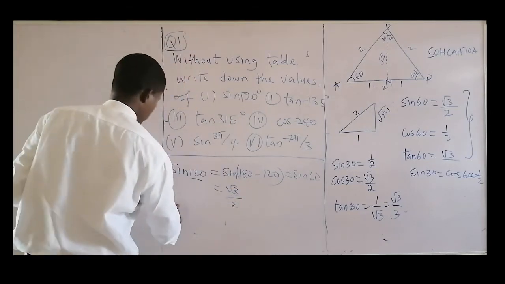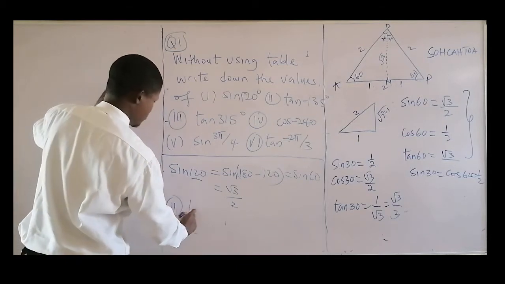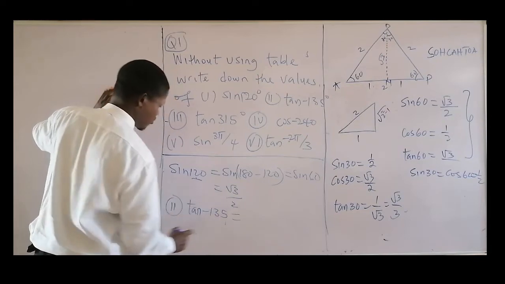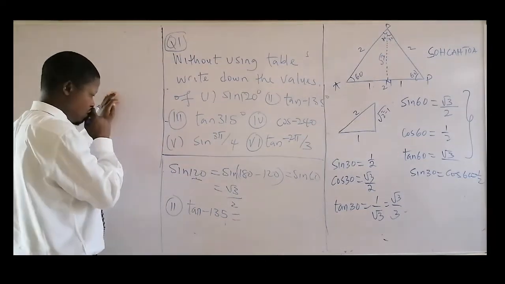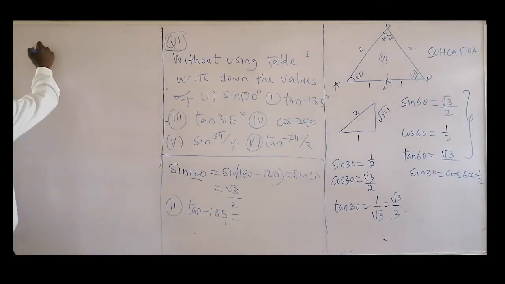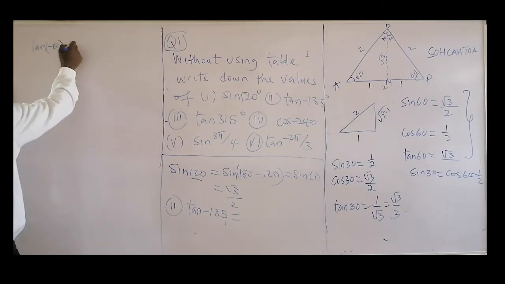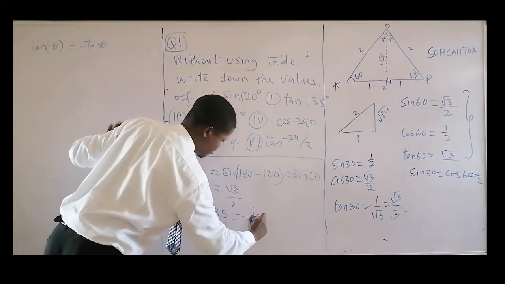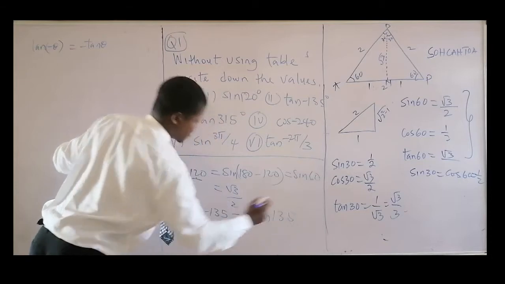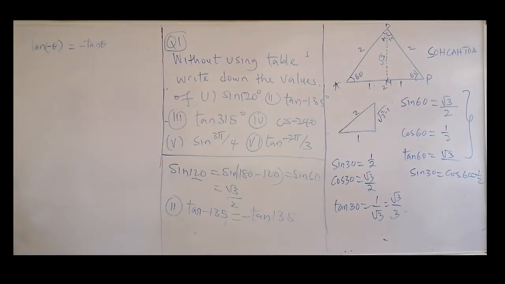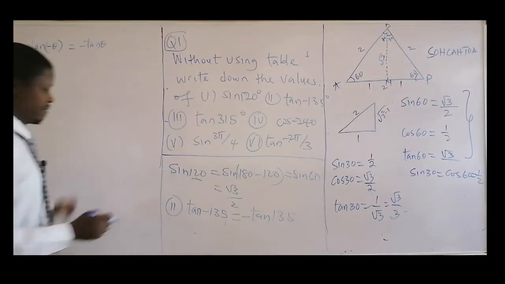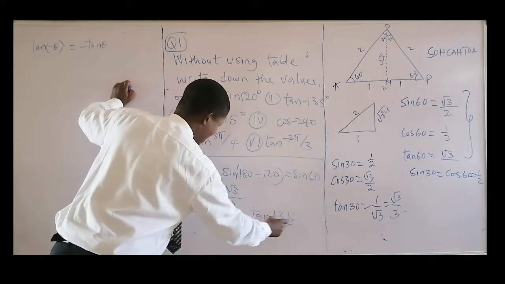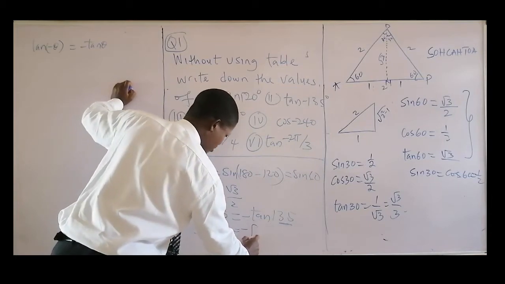Second one, tan minus 135. This will be equal to, first of all, I've told us that tan minus theta is minus tan theta. So the first thing we do is minus tan 135. Let's open the brackets.